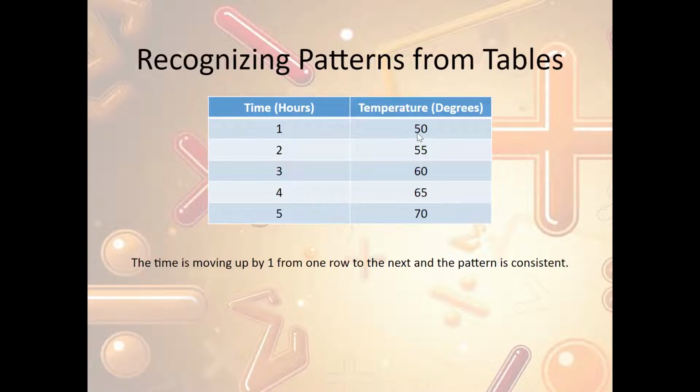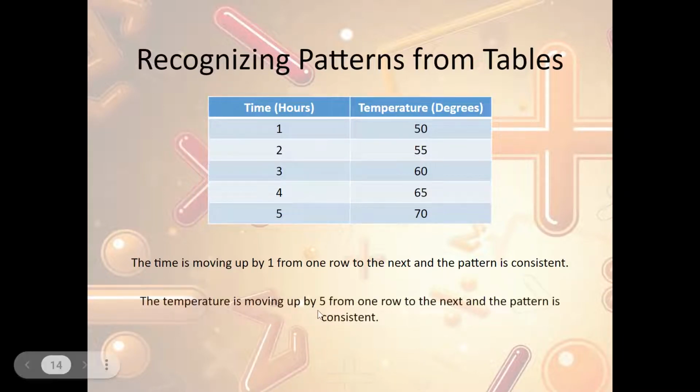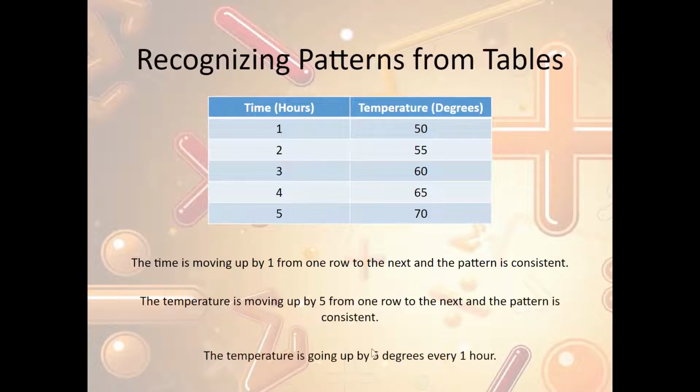Next, let's look at the temperature. Well, is there any kind of pattern here? Well, from here to here, we're adding 5, and then adding 5, adding 5, and adding 5. So therefore, the temperature is moving up by 5 from one row to the next, and the pattern is also consistent. So the temperature is going up by 5 degrees every 1 hour.